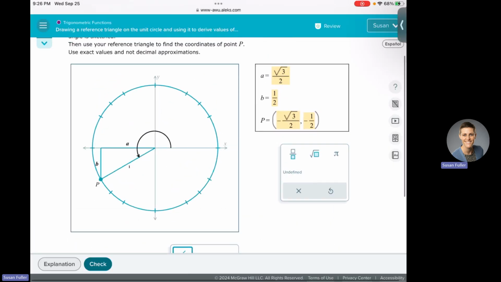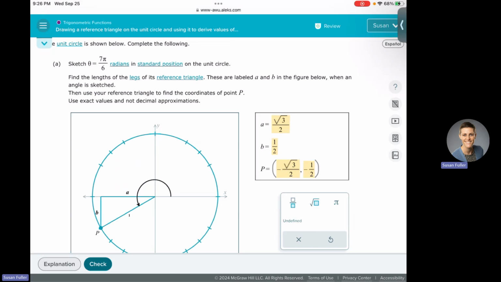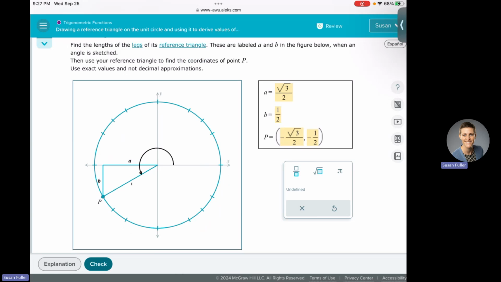That was harder than it had to be. So what I wanted to show you is that you'll use your unit circle to help you plot these in standard position. You'll rotate that around and then it draws in your reference triangle for you. When you fill in A and B, those are the lengths, so keep them positive. In your ordered pair, you make the things negative when they need to be.